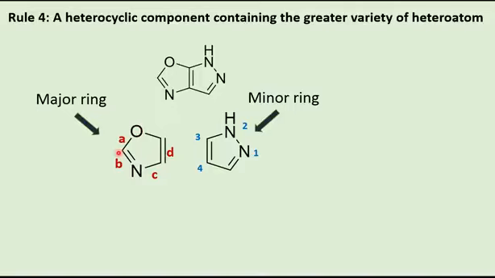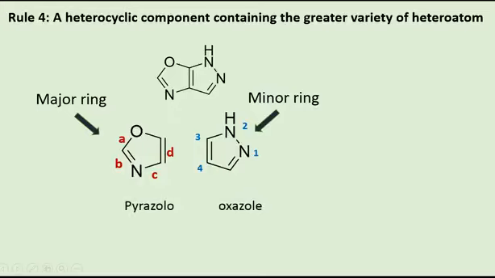The bond between atoms 1 and 2 is A, atoms 2 and 3 is B, atoms 3 and 4 is C, atoms 4 and 5 is D. It is as simple as that. And then here we keep the numbering to represent across which atom the bond is fusing onto the major ring.